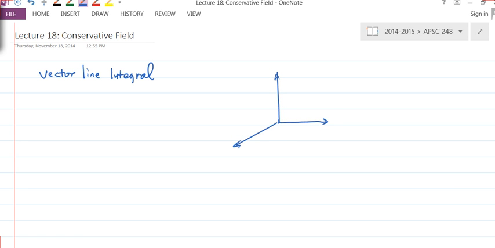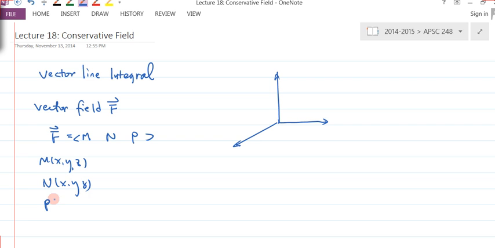So everything we're doing so far until the end is integration within vector fields. So essentially we have a vector field F. Suppose that is M, N, P. There are 3 components, M, N, P, and each component is a function of x, y, z.